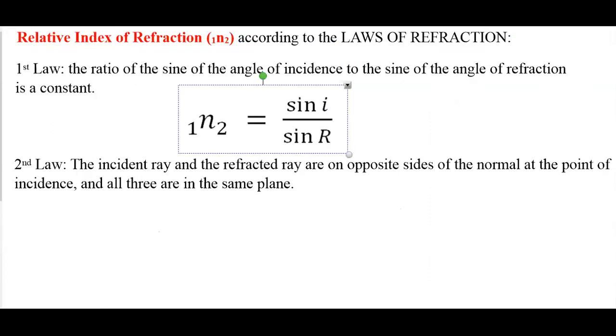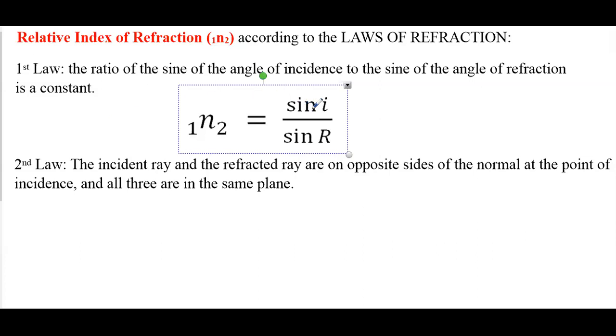That brings us into the angles. When you're calculating the angles, you are following the law of refraction. The first law of refraction says the ratio of the sine of the angle of incidence to the sine of the angle of refraction is constant.